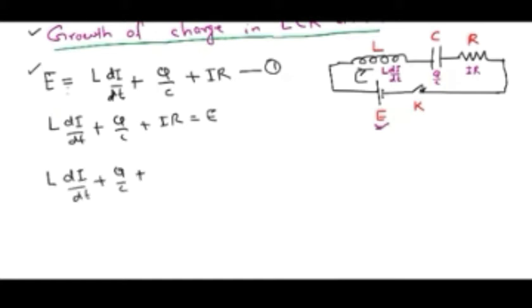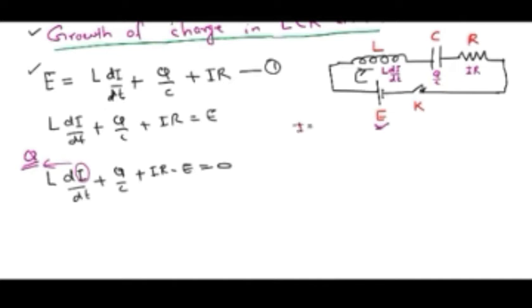We need an equation in terms of the charge Q, so we write the current in terms of Q. We know that current I is given by dQ by dt.